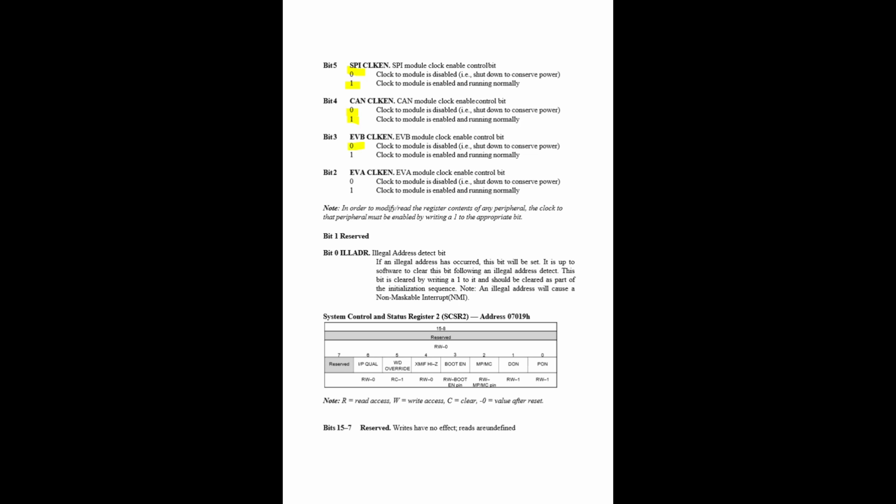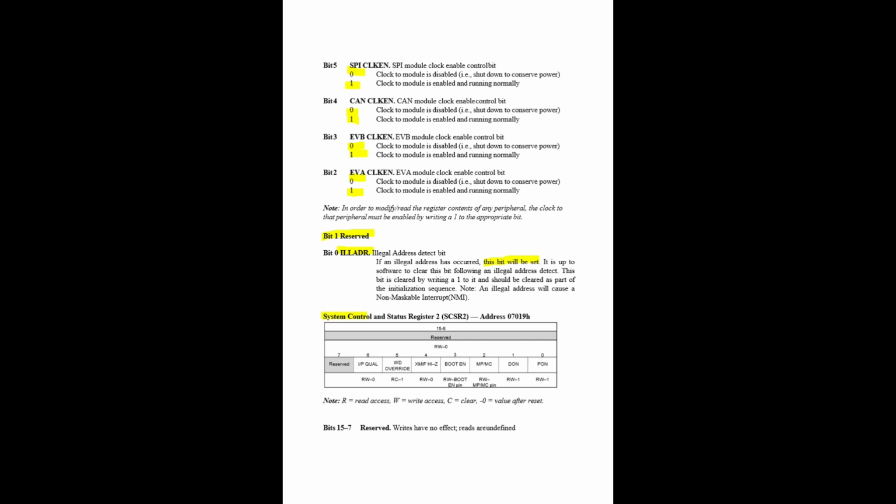Similarly, whether event manager B and event manager A modules have to work or not, all those things can be decided. Bit 1 is reserved for future purpose. Bit 0 is the last bit, where you can identify if any illegal address is given by the user; then this bit will be set.